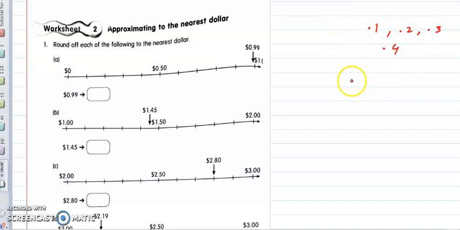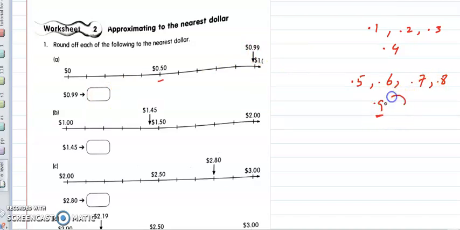But if we have 0.5, 0.6, 0.7, 0.8 or 0.9, then we will round up. For example, here we need to round $0.99 to the nearest dollar. I have to look, it is 0.9.